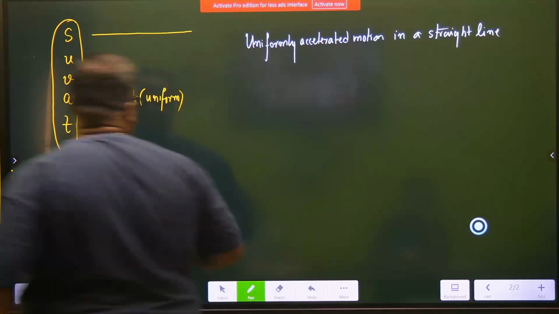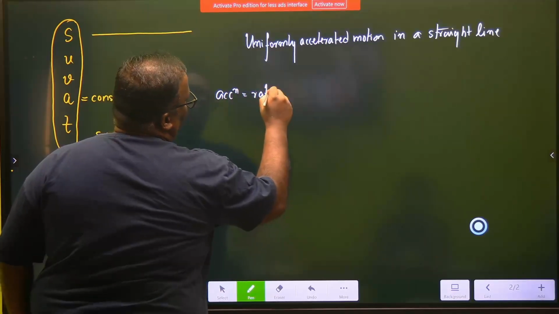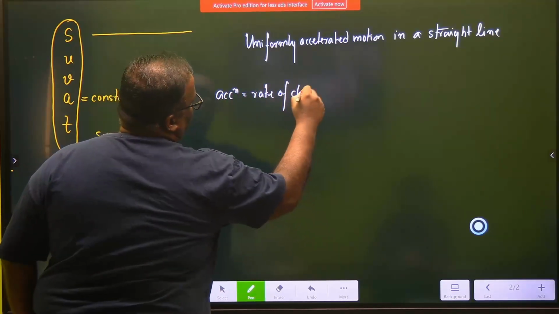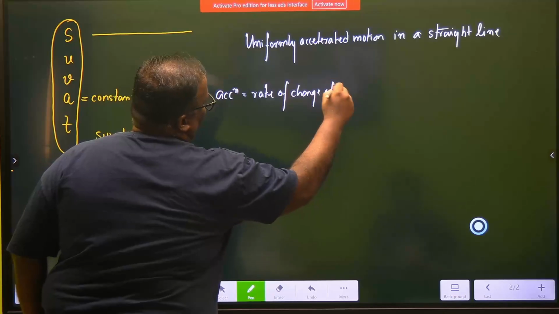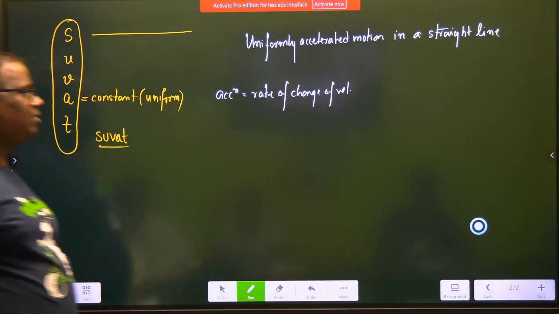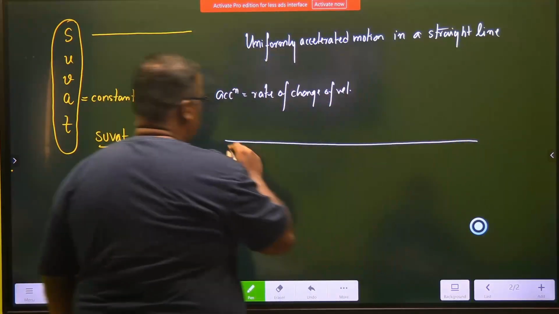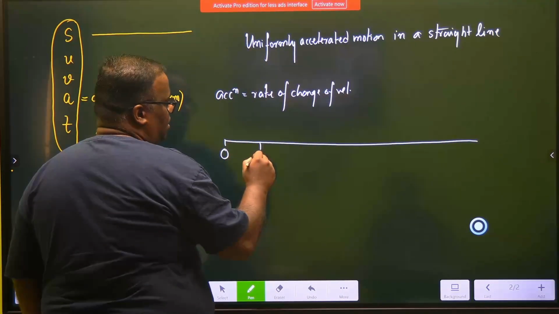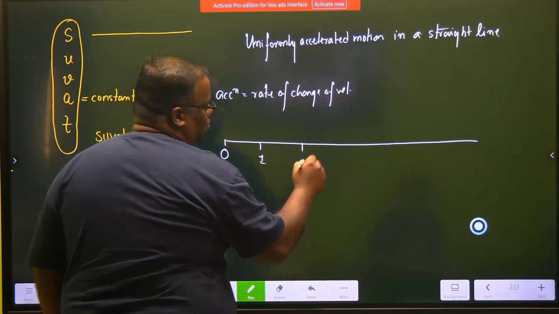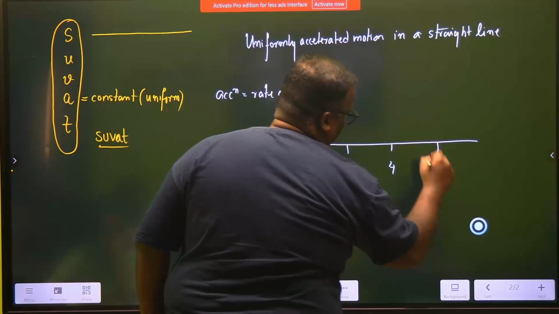What does acceleration tell me? Acceleration is rate of change of velocity. Understood? Fine. Let's say this is 0 second, 1 second, 2 second, 3 second, 4 second, and 5 second.